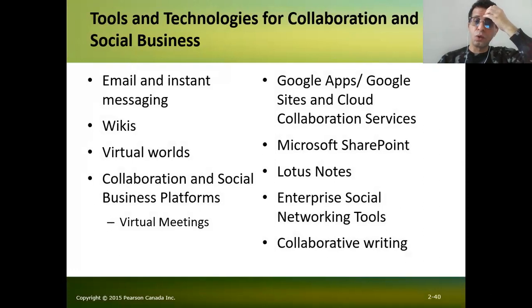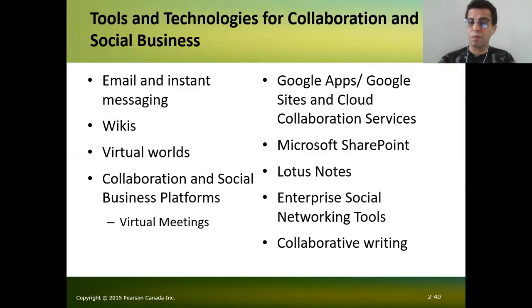Tools and technology for collaboration and social business. Some of them we use are email and instant messaging. We use wikis, virtual worlds, and sometimes collaboration and social business platforms like a virtual meeting, as we do now, Google Apps, Google Sites, cloud collaboration services, and Microsoft SharePoint.